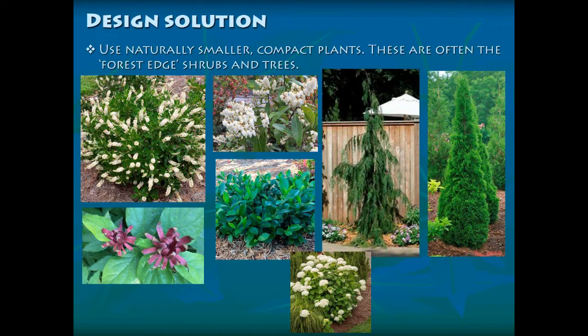But there are a whole lot of naturally compact shrubs and trees that you can use even in a city garden. And actually, nurseries are coming out now with some more compact forms of plants. This one here in the middle is called low mound aronia or something like that.